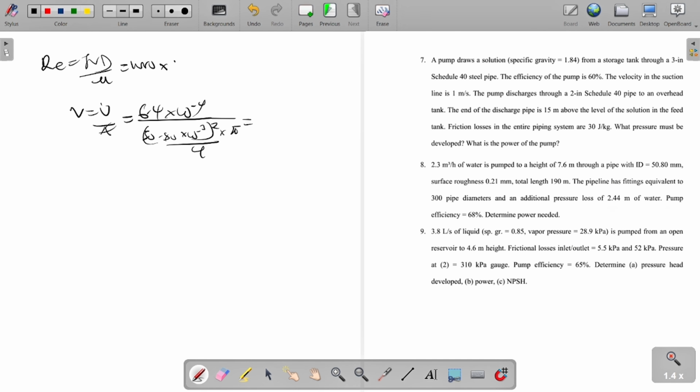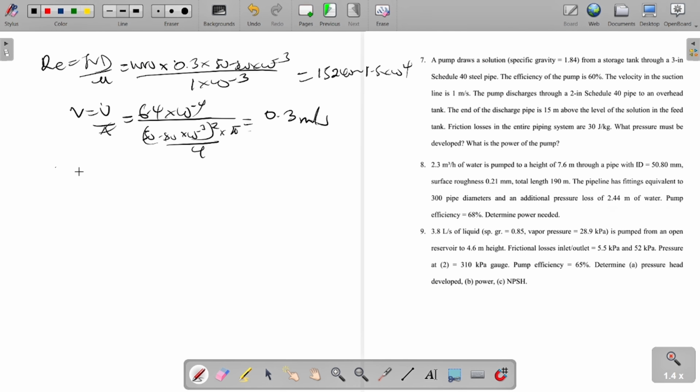That gives me a velocity of 0.3 meter per second. So it becomes 0.3 times 50.80 times 10 to the power minus 3, and the viscosity of water is 1 centipoise, which is 1 times 10 to the power minus 3. Now the Reynolds number becomes 15240, approximately 1.5 times 10 to the power 4.